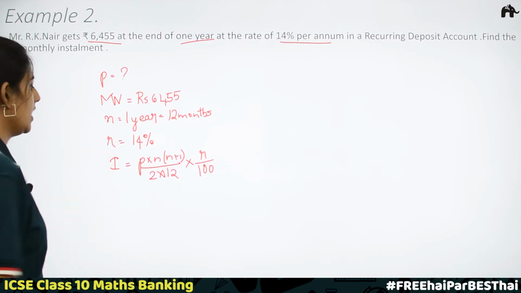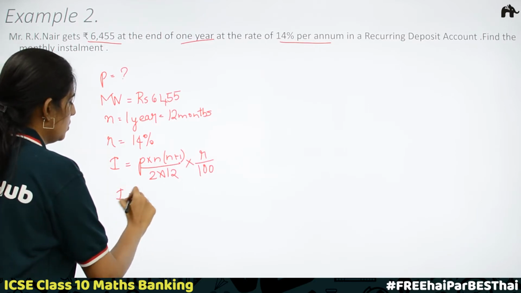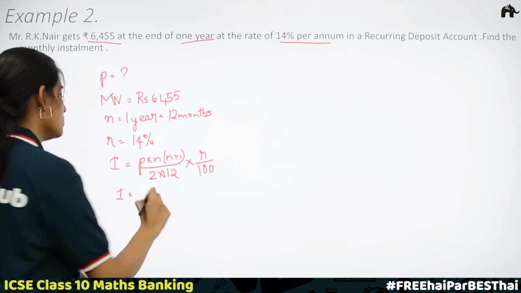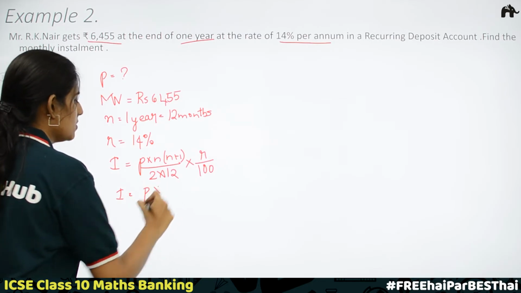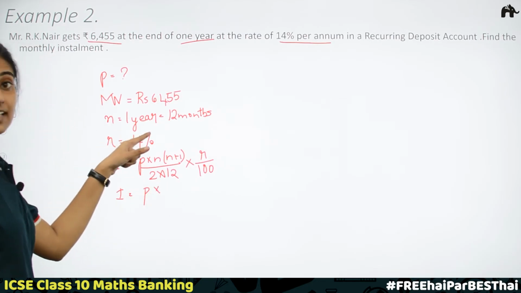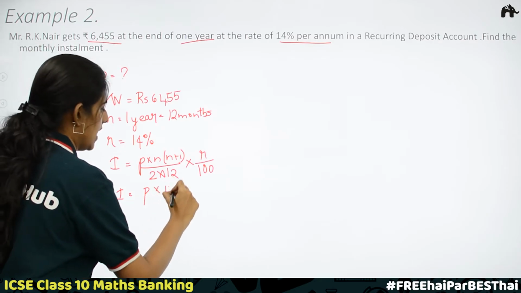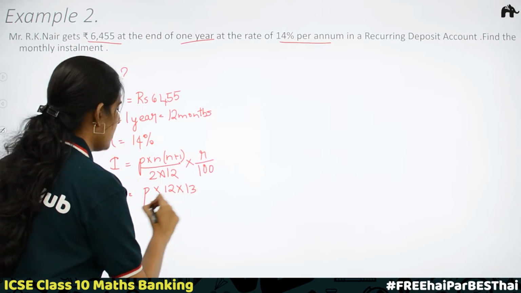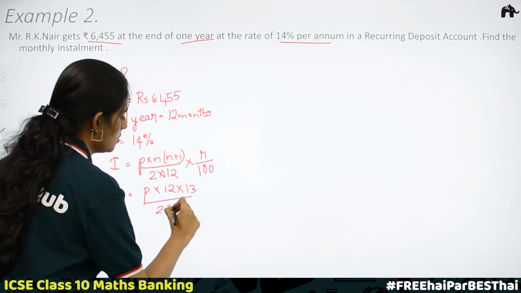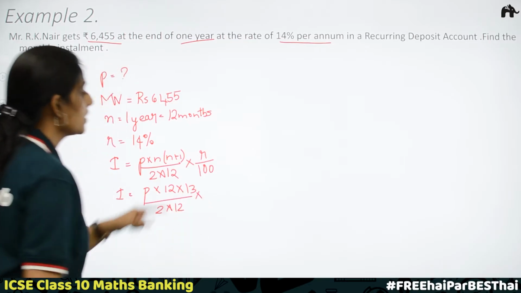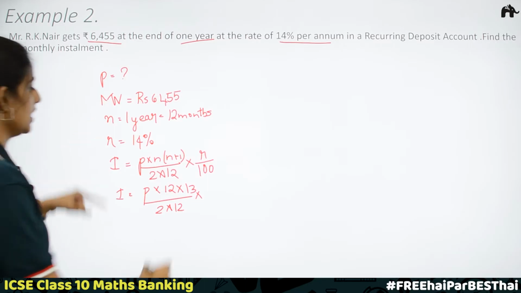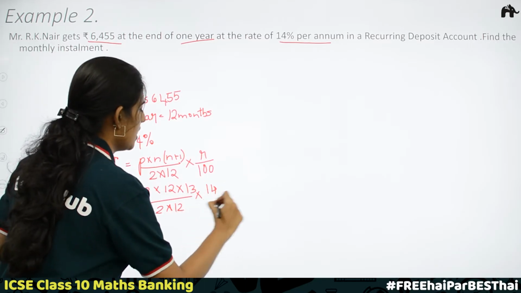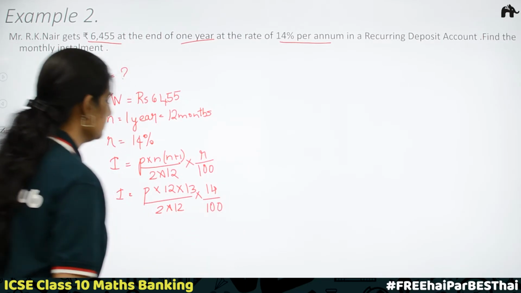Just substituting the values. I is equal to, we don't know what P is. So keep it as it is. P into, what is the value of N? Is equal to 12. So 12 into 12 plus 1, 13 divided by 2 into 12 into R by 100, that is 14 divided by 100.